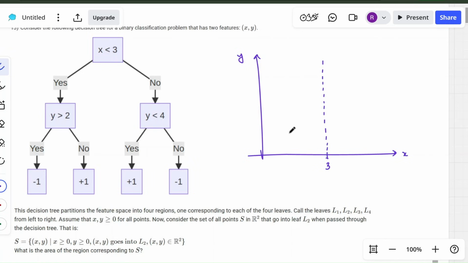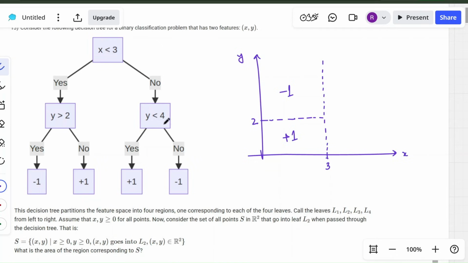If it is less than 3, which is on the left hand side of this, then again I ask a question, y bigger than 2. If y is bigger than 2, then it is minus 1. And if y is not bigger than 2, then it is plus 1.